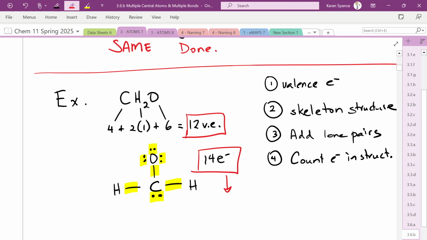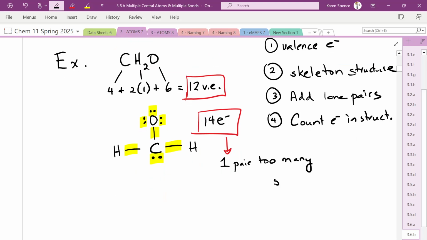How many electrons too many do we have? 2. We have 2, so we have 1 pair too many. What step do we go to if we have too many? We go to step 5, okay?